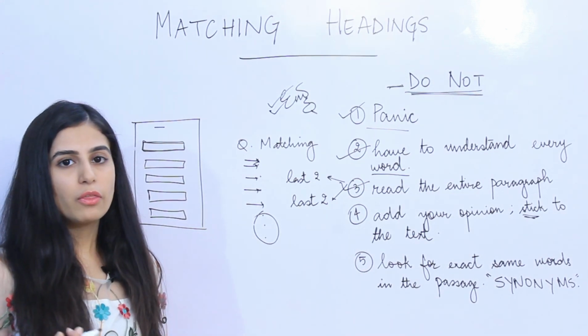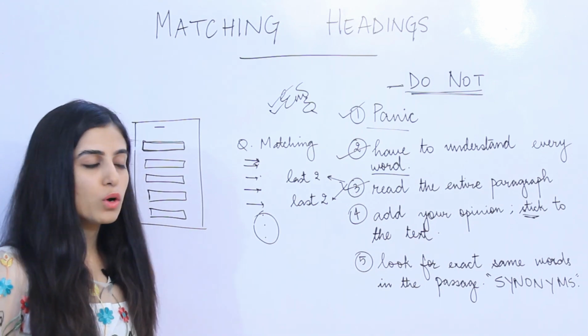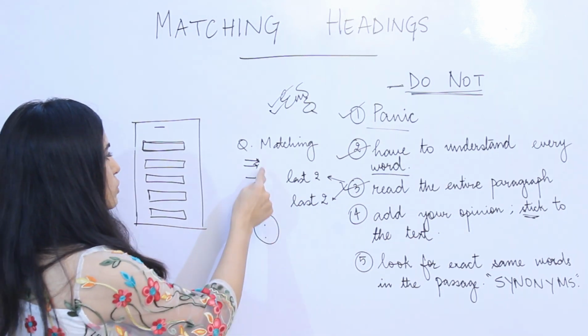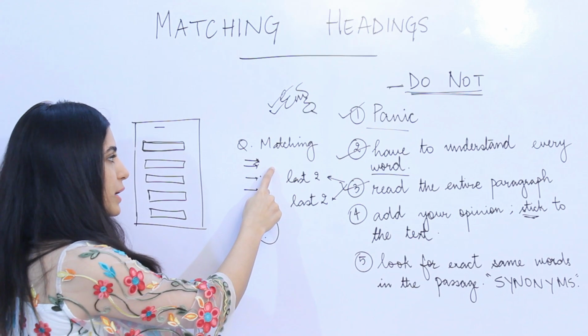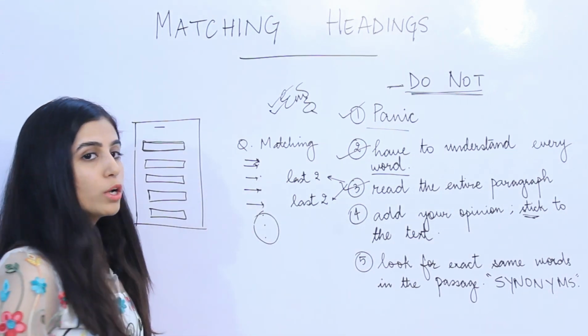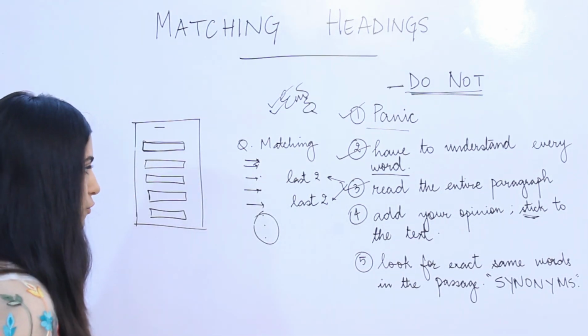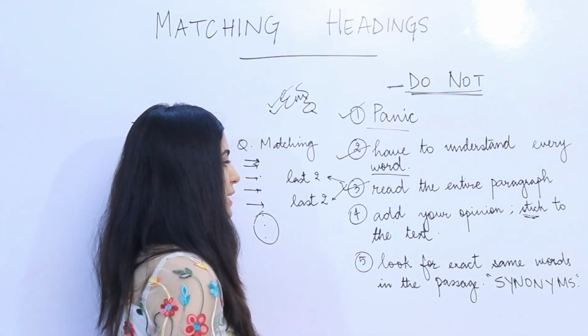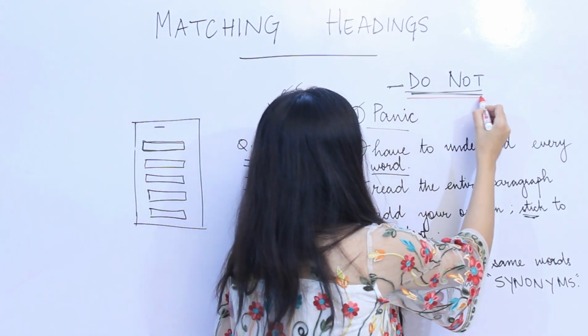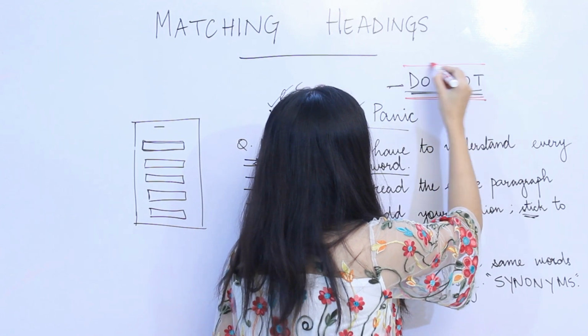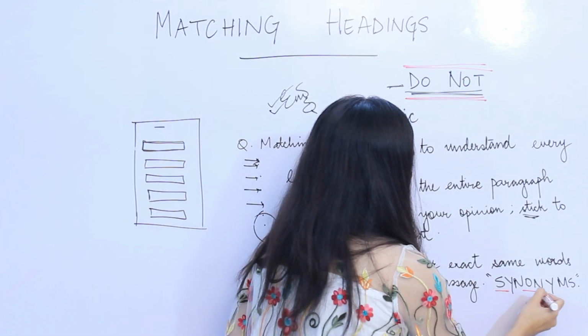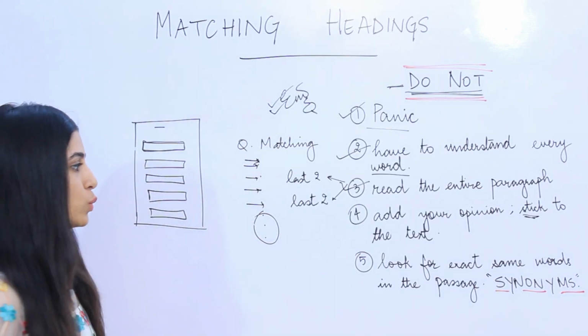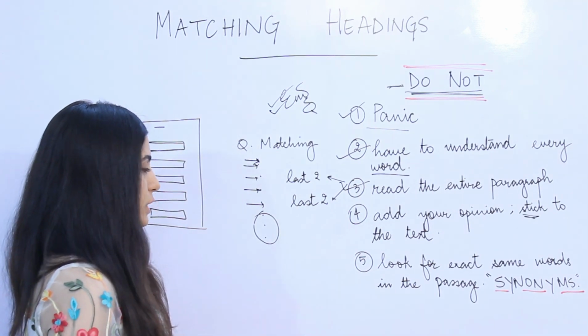Same is the case with other kinds of questions like true, false, not given. You will not be able to spot the same keyword in your passage. So instead of looking for the exact same word, you have to look for synonyms.